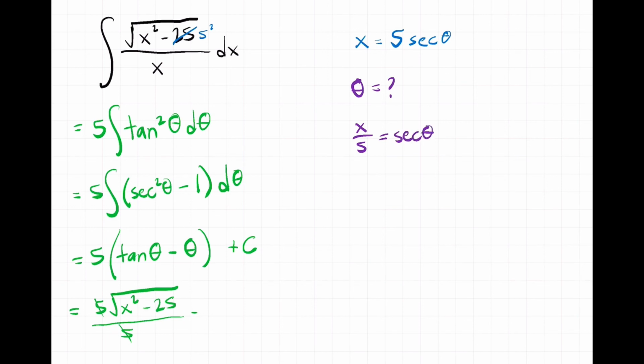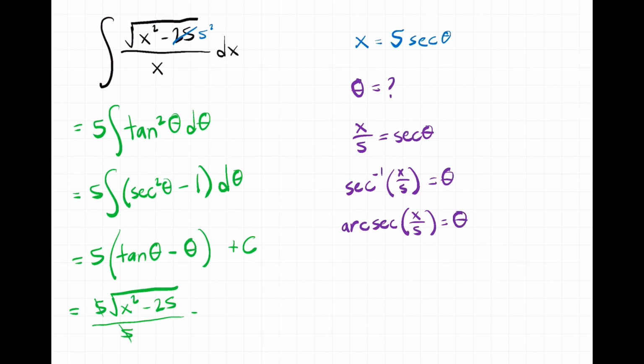And what is theta? Well, we just need to undo the secant function. And by definition, the function that undoes the secant is the inverse secant, or arcsecant. Secant to the minus 1 of x over 5 equals theta, or you can say arcsecant of x over 5 equals theta.